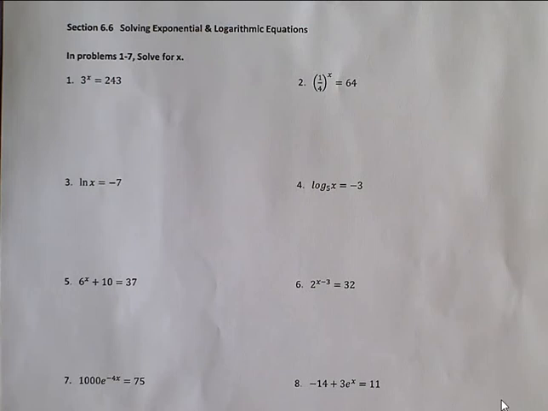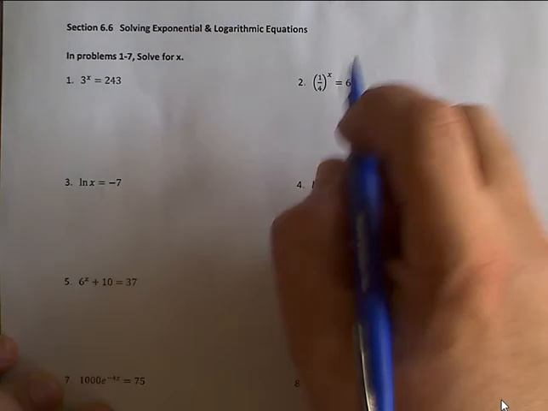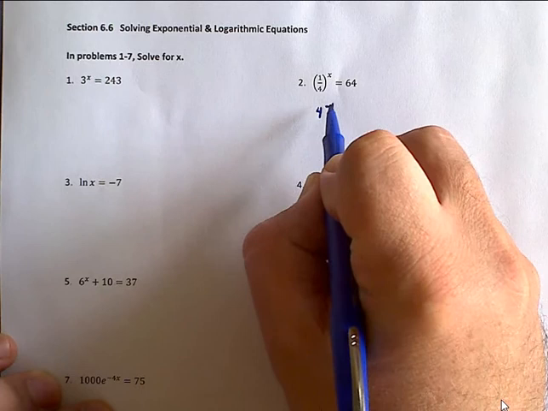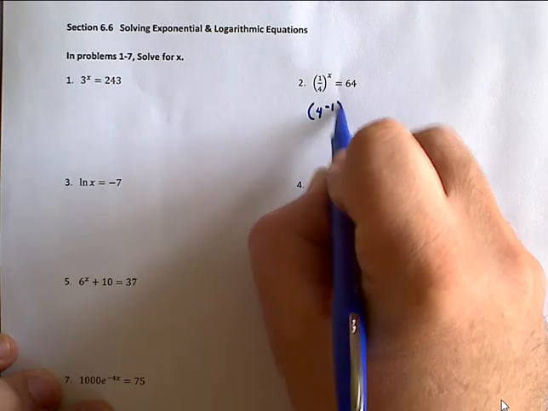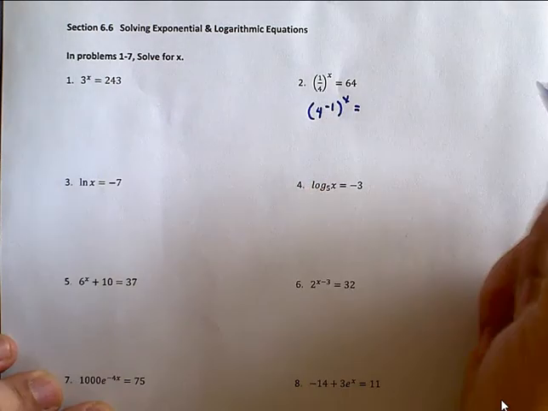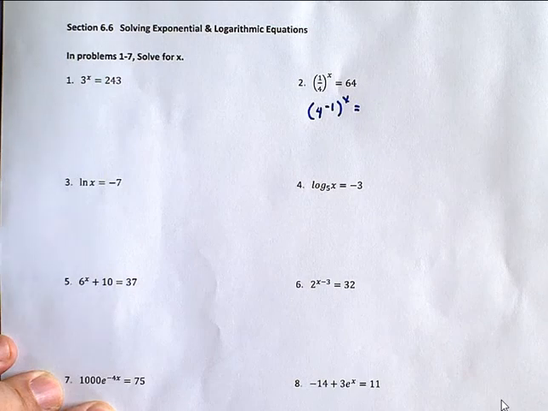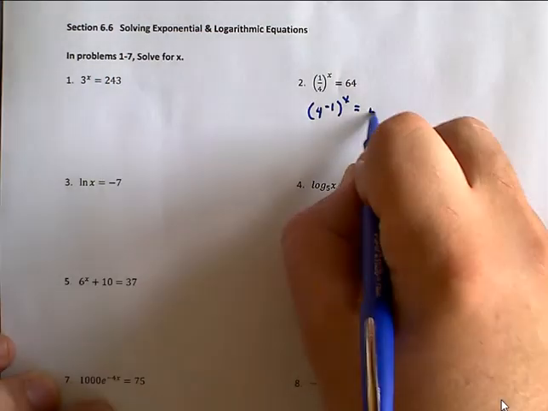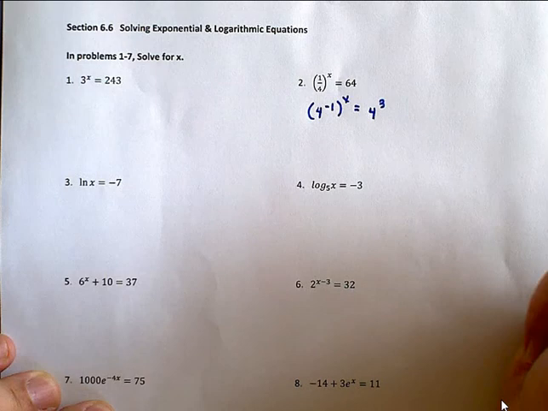So number 2 is a good one to start with. It reminds us about negative exponents. The number 1/4, remember, can be written as 4 to the negative 1 power. And it turns out that 64 can also be written using base 4. 4 to the 3rd power is equal to 64.